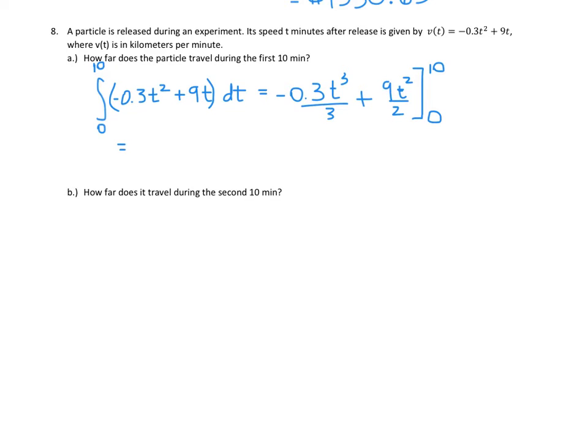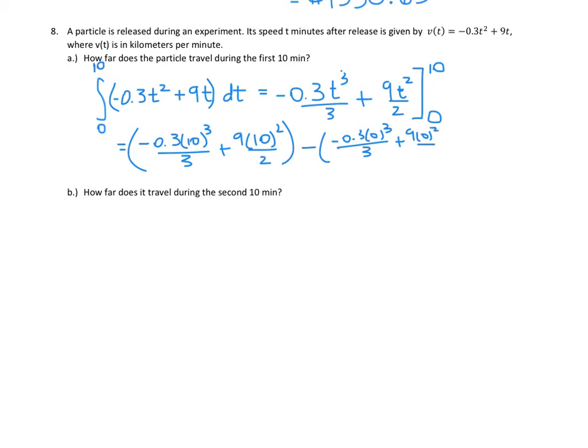So plugging 10 into this, we have negative 0.3 times 10 cubed divided by 3 plus 9 times 10 squared divided by 2, and then minus what we get when we plug 0 in. So negative 0.3 times 0 cubed divided by 3 plus 9 times 0 squared divided by 2.